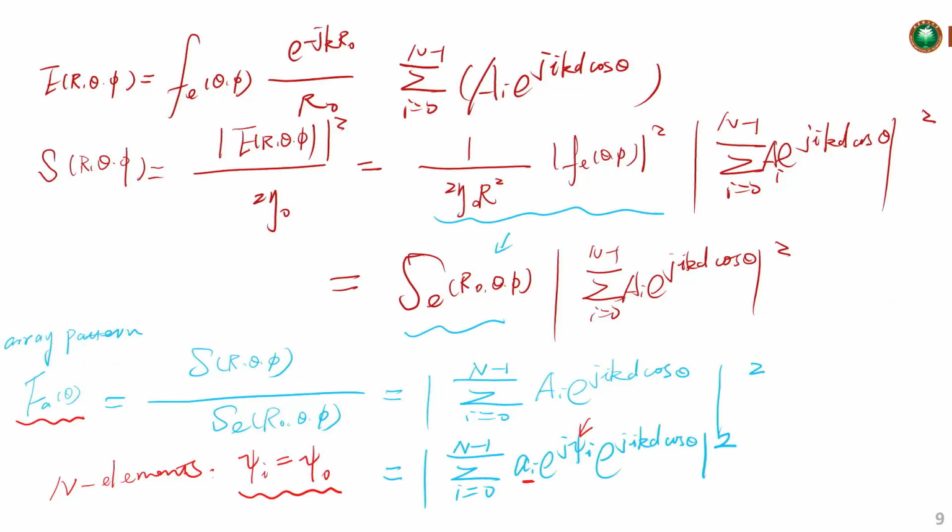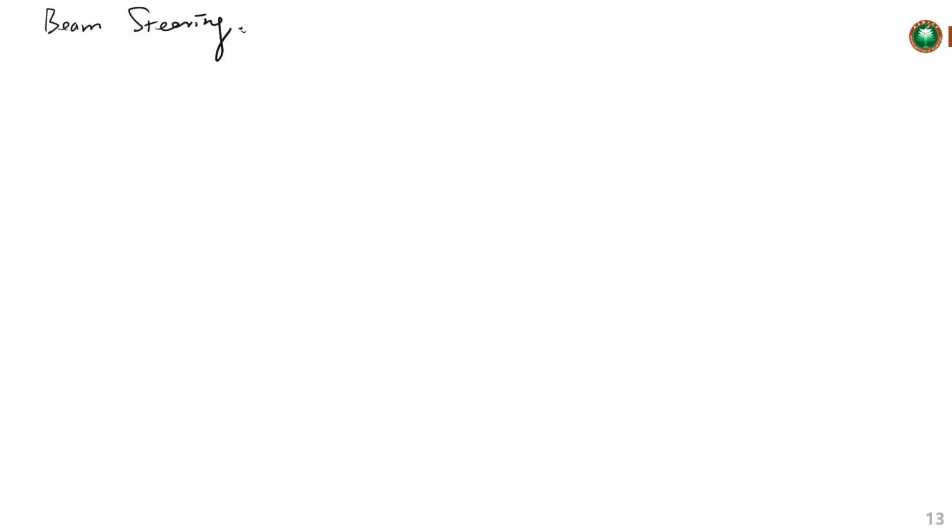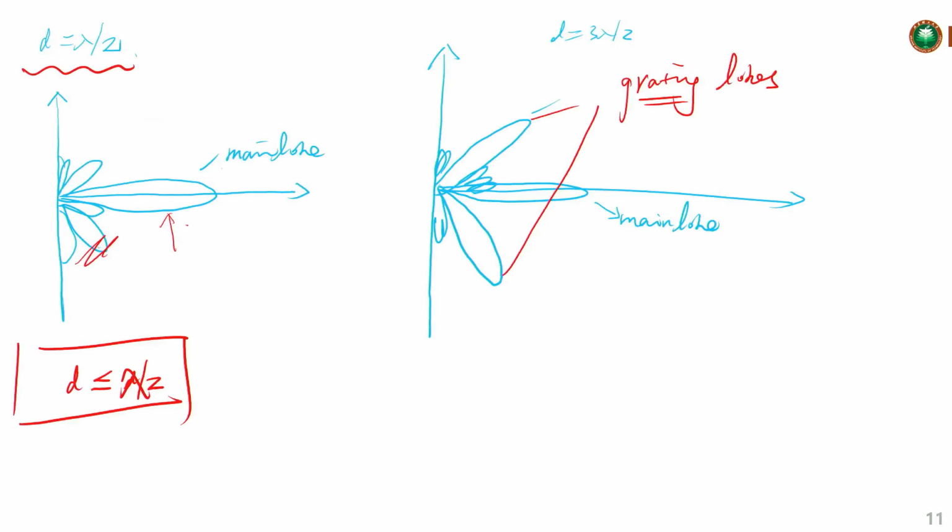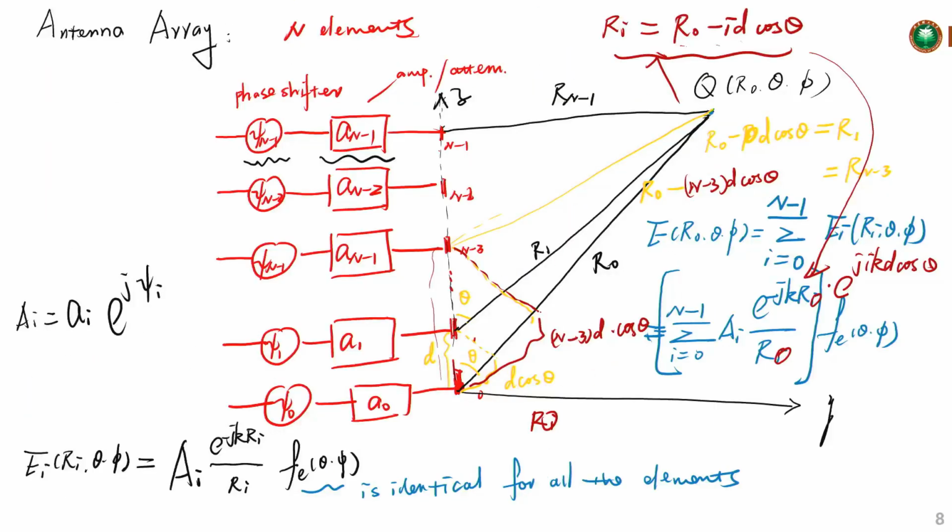For beam steering, previously we set the phase shift to be a constant for each component. So for beam steering, we need to consider the role of the phase shifters, and we come back to this plot.